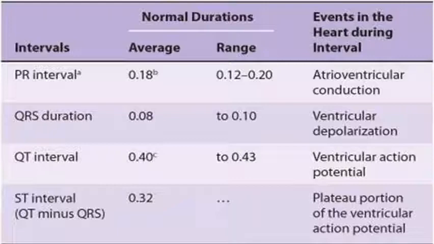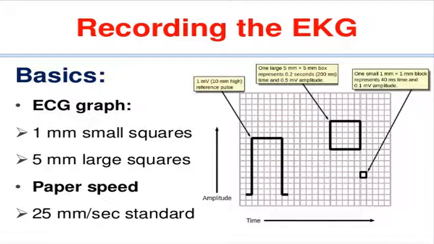Now just let us recapitulate about the basic ECG graph. 1 millimeter is the small square. You can see the small squares. They are 1 millimeter. 5 millimeter is the large square. Speed of paper is 25 millimeter per second.